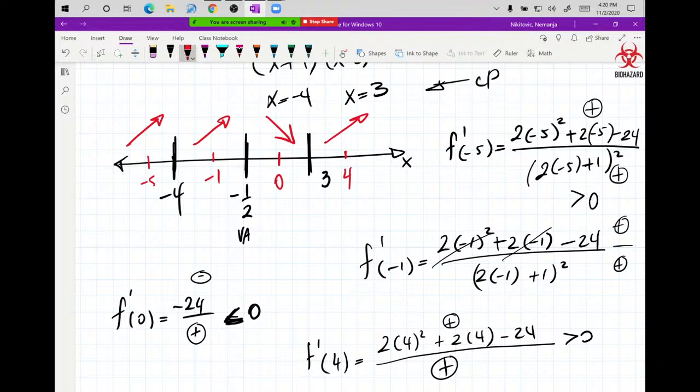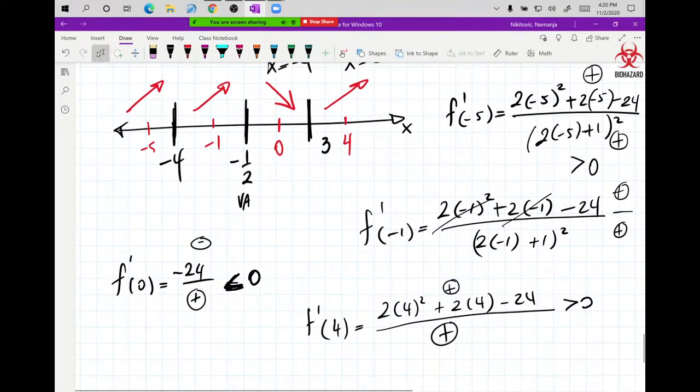That's a 50. And then 50 minus 30 something. Yeah, that's positive. That's good. Now, -1 is negative divided by a positive. That's a negative. So this one goes down. And then f prime of 4, yeah, it goes up because you have 32 plus 8 and then minus 24. So yeah, that's all good.